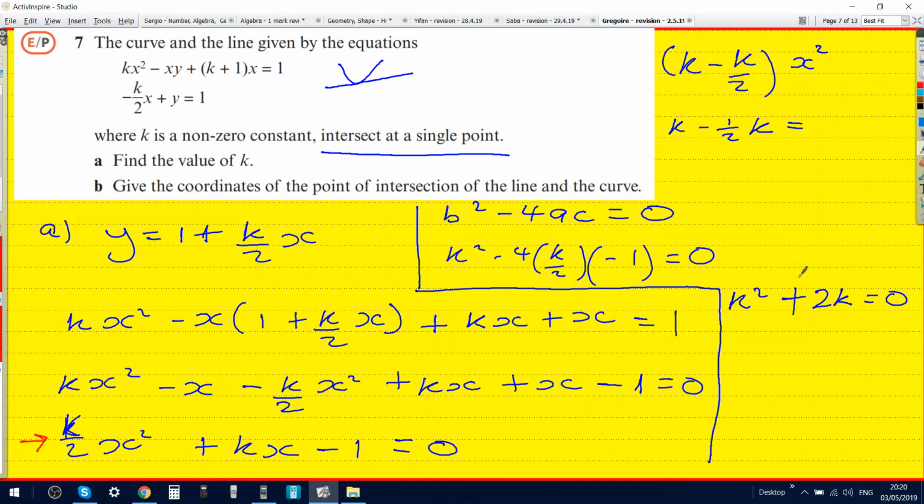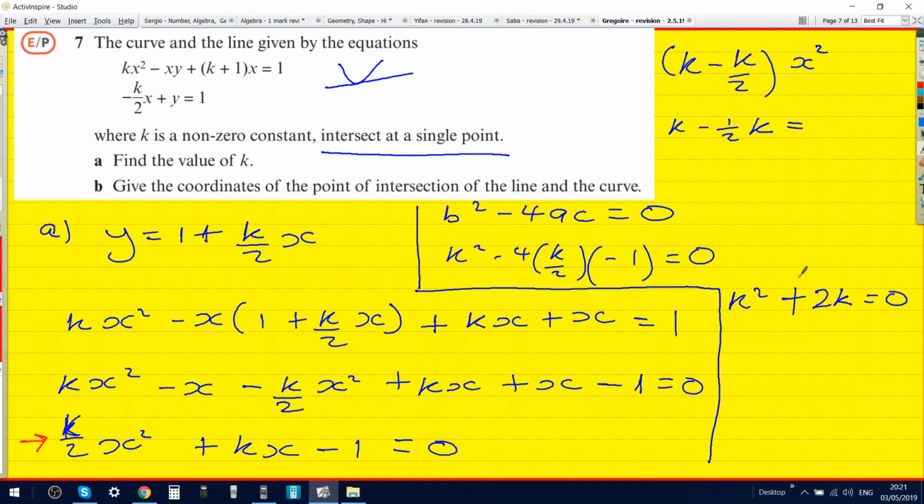We could... No, we can't divide everything by 2 or square root them. Or could we? How else could you solve it? Quadratic equation. Yep. Or complete the square. Yes. What way would I solve it? Using a calculator.